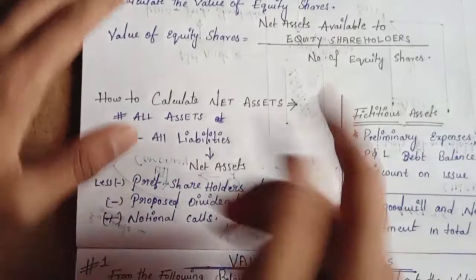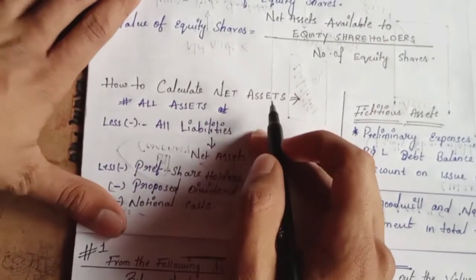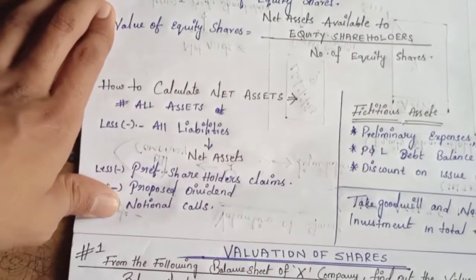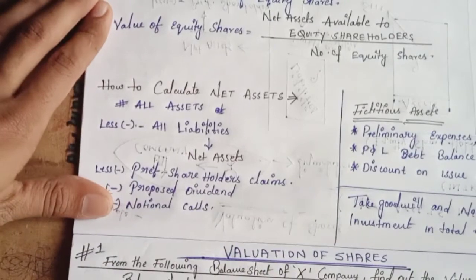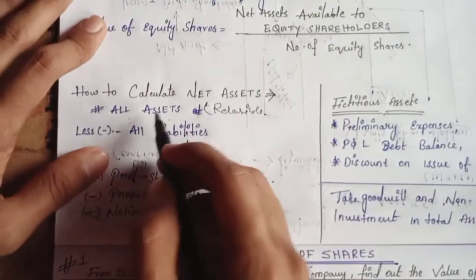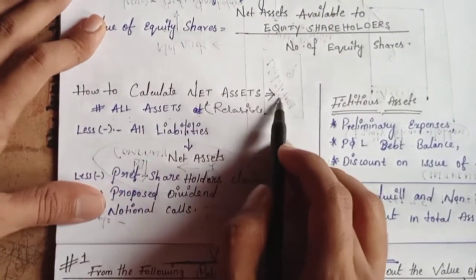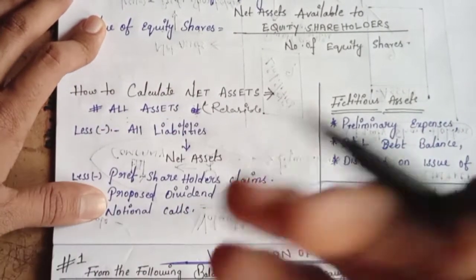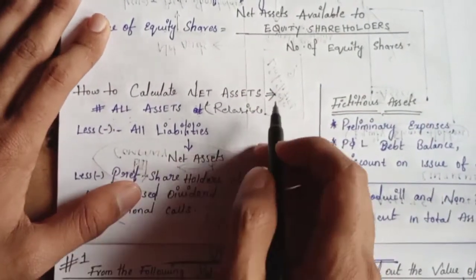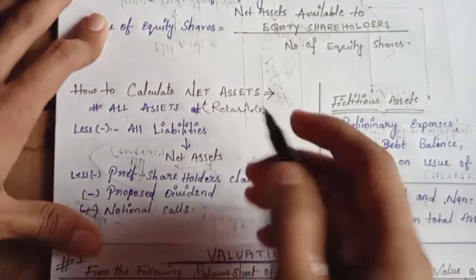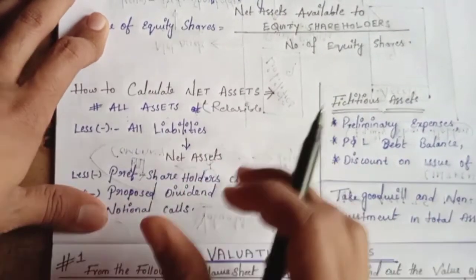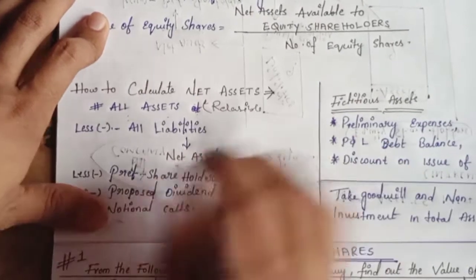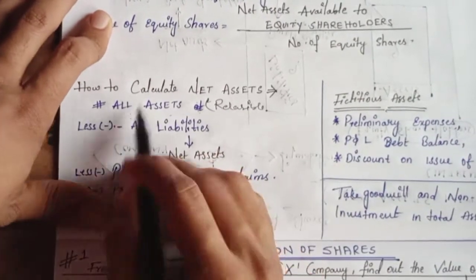A few points are to be remembered. So before calculating the net assets, if it is asked, goodwill will always be ascertained in finding the net assets of equity shares, right? So goodwill will always be ascertained.